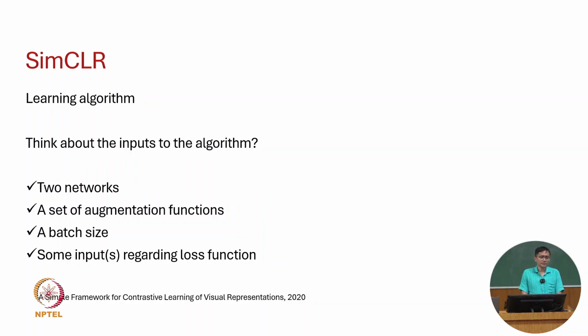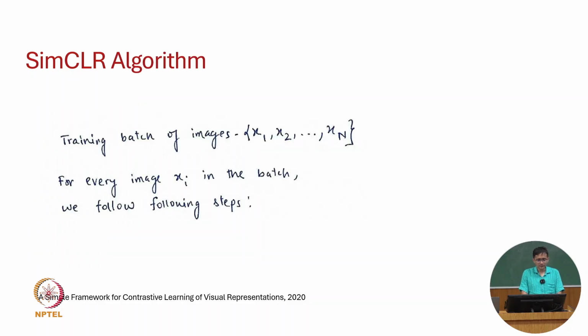Okay, now based on these inputs that we have, let us think how would we use them to design a contrastive self-supervised learning approach. So given the training batch of the images x1, x2, xn, let's say, what would we do? Pick any image from this batch, let's say the image xi.